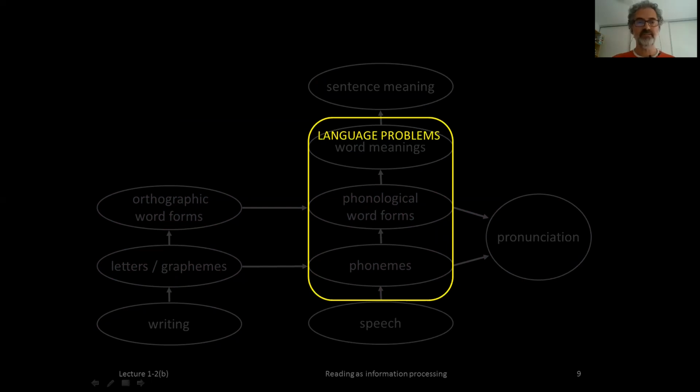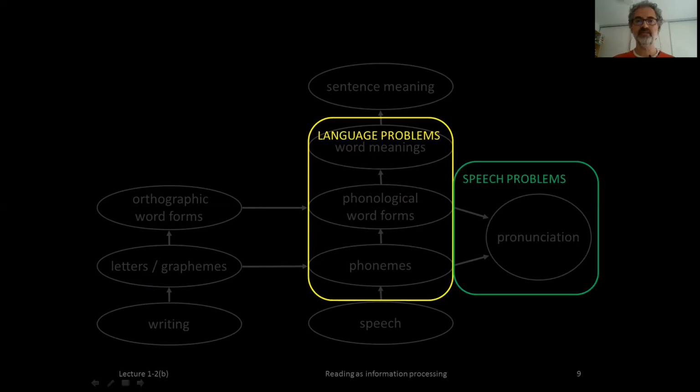So if someone has difficulties with going from sound, from speech, to understanding the phonemes, the words, and their meanings, so a problem with receptive oral language, this is a language problem. Note that the arrows are outside of this box. Language problem concerns only the pure language aspect, the pre-existing aspect of development that has to do with oral language.